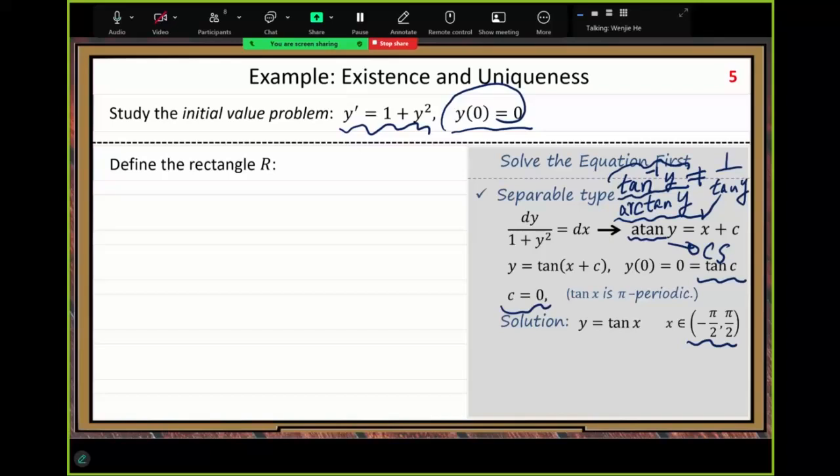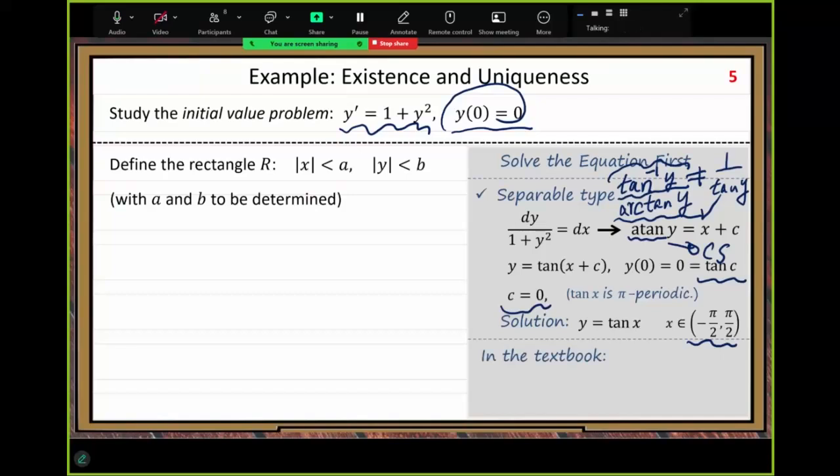Define rectangle R with certain constants A and B. So here, A and B are to be determined, because we have some freedom to choose A and B. But in our textbook, these two numbers are given, so you do not need to choose A and B. A equals 5 and B equals 3 in our textbook.